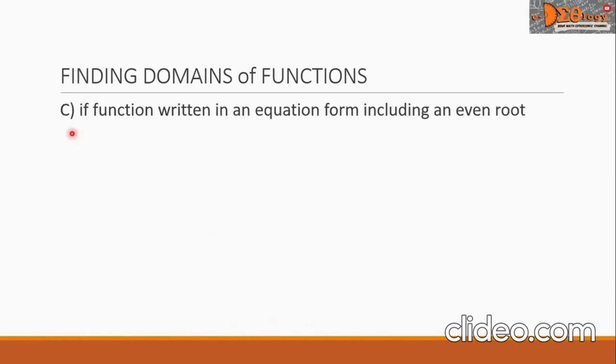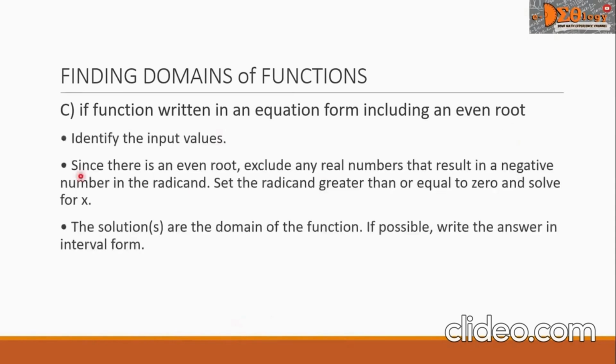Let's have this type of function written in an equation form including an even root. It means we have a radical with an even-numbered index. So we will first identify the input values.